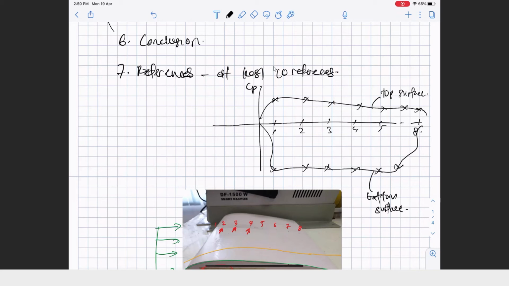However, we have a lot of angle of attack, and this graph is for one angle of attack. So when you have different angle of attack, you have to plot different graph.